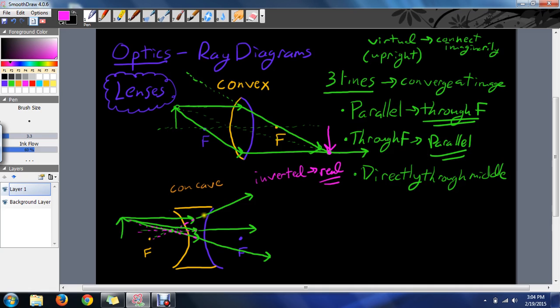Meaning these 3 light rays are the real light rays that the lens is causing. Parallel through the focus, through this focus, parallel, and directly through. Notice they all connect at the same place, right here.